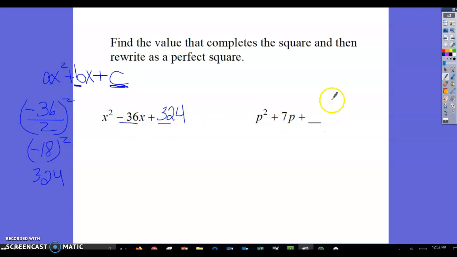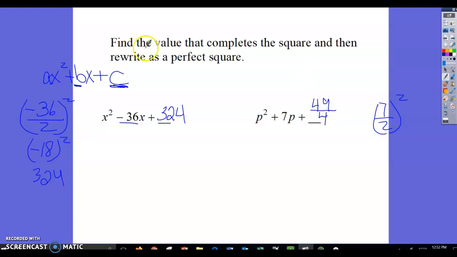We're going to do the same thing over here. So if we take this and half it, we're going to have 7 halves. We're going to half it, and we're going to square it. Since this does not divide evenly, we're just going to square the numerator and the denominator. So this is going to be 49 over 4.